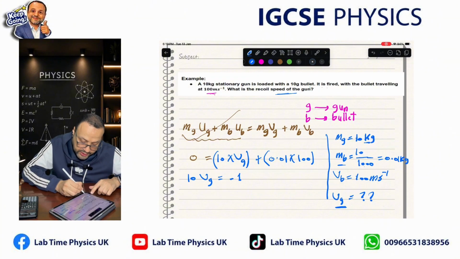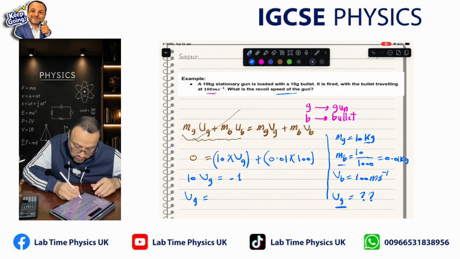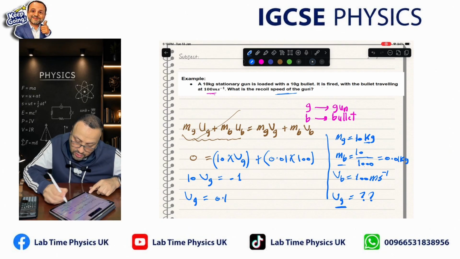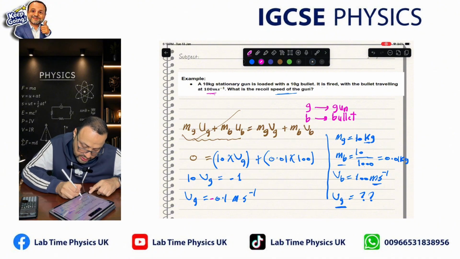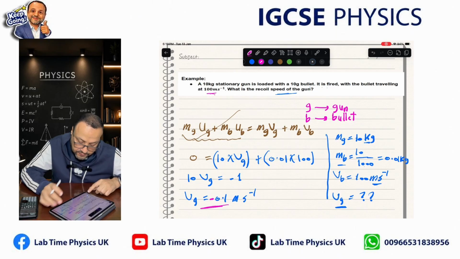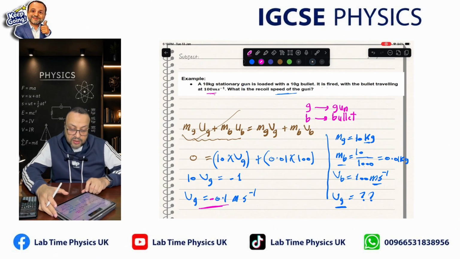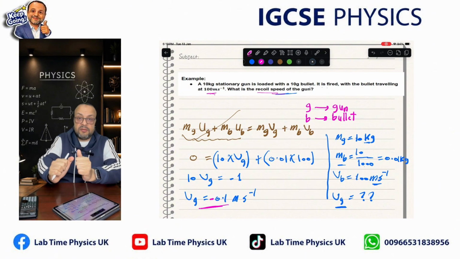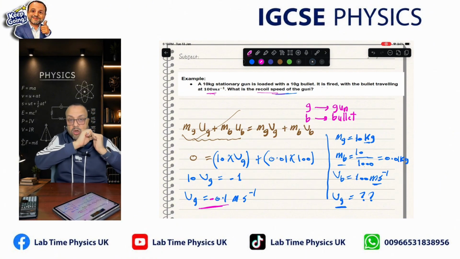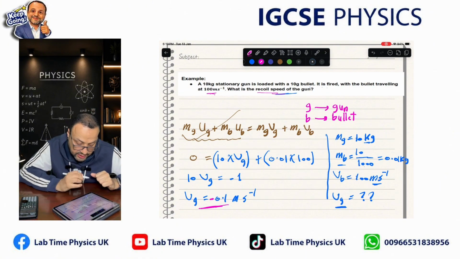So we can get VG equal negative 1 over 10, which is 0.1. What about the unit? Meter per second, and it will be negative. So this will be V for the gun, the recoil speed for the gun, because the gun moved backward in the opposite direction. So it is in negative sign, as you see.